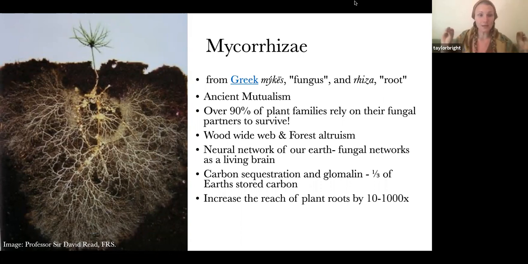So the reach of the roots is extended by 10 to 1,000 times their normal length by the mycelium of these mycorrhizal fungi. So it's literally giving the plant so much more ability to gather nutrients and water and minerals through this relationship.